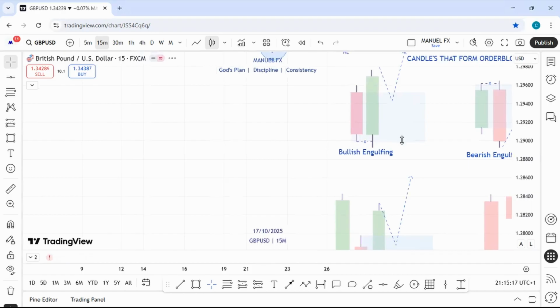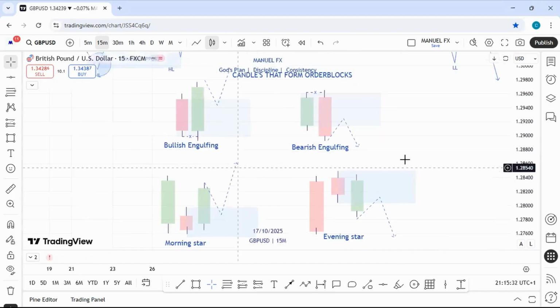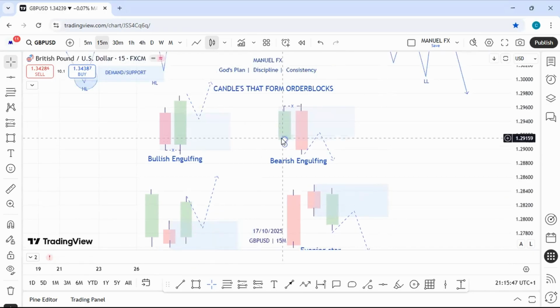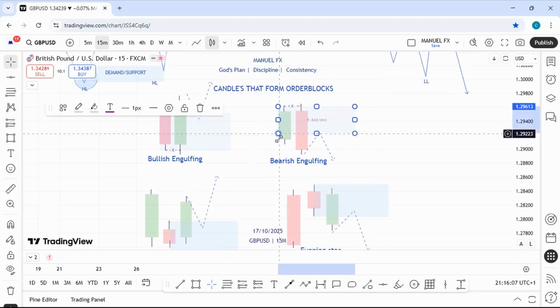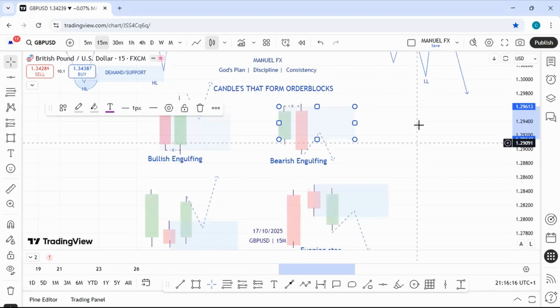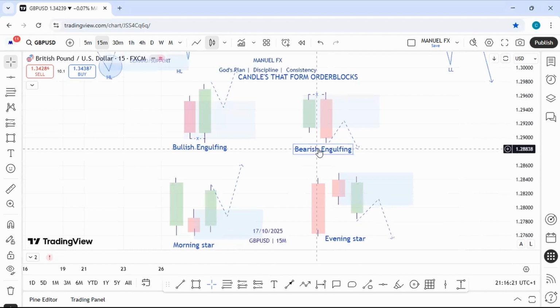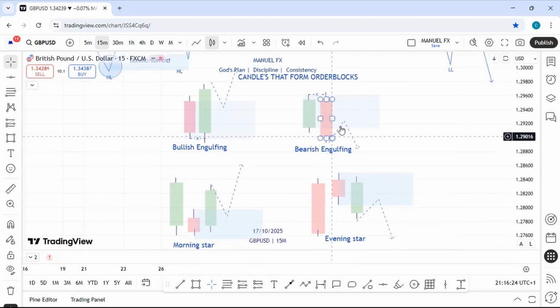So my POI now will be from this candle, from the body of the baby candle to the wick of the baby candle. That becomes my point of interest, my POI, and then this automatically is my bearish engulfing. So I expect price to come down to that position and then sell.